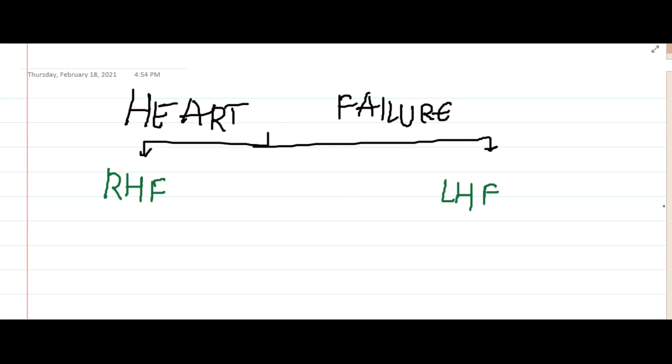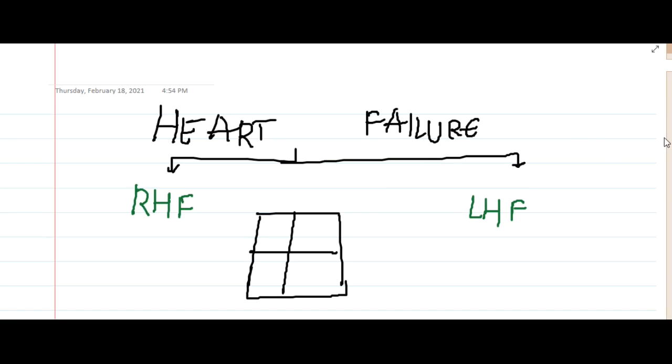So I will draw a heart, which has a chambered structure. These are the chambers of the heart: right atrium, right ventricle, left atrium and left ventricle.